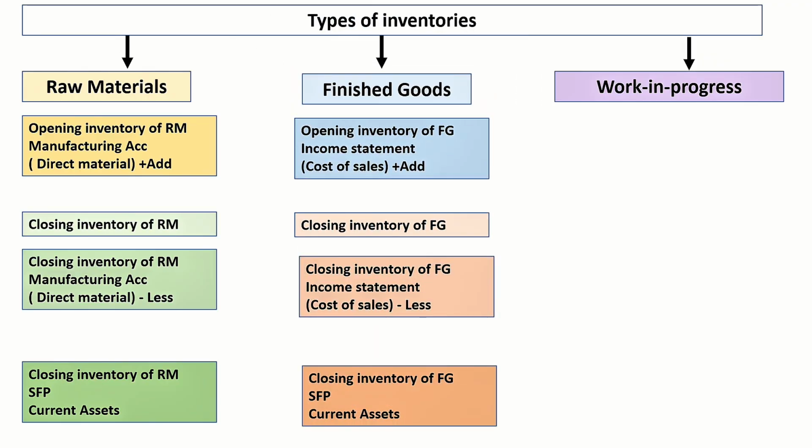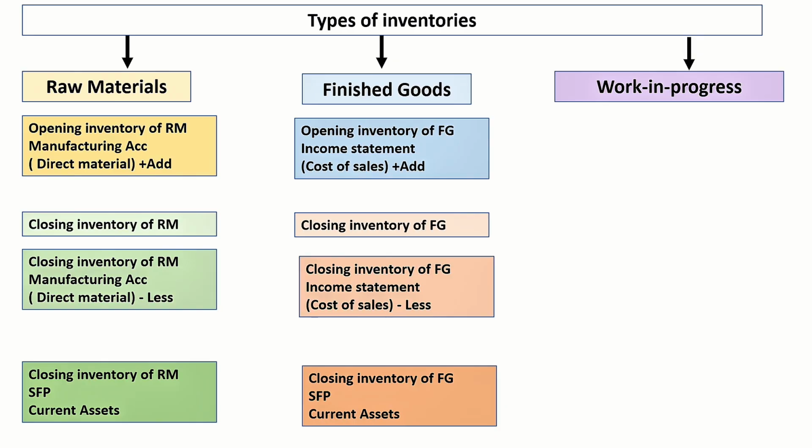Finished goods. Finished goods are of two types: opening inventory of finished goods and closing inventory of finished goods. Opening inventory of finished goods is transferred to the income statement, and this is added under the section of cost of sales.